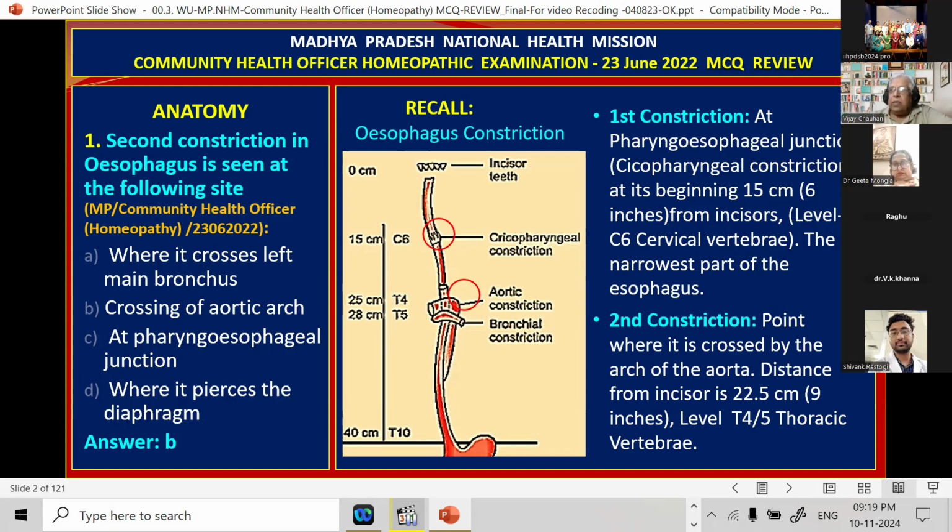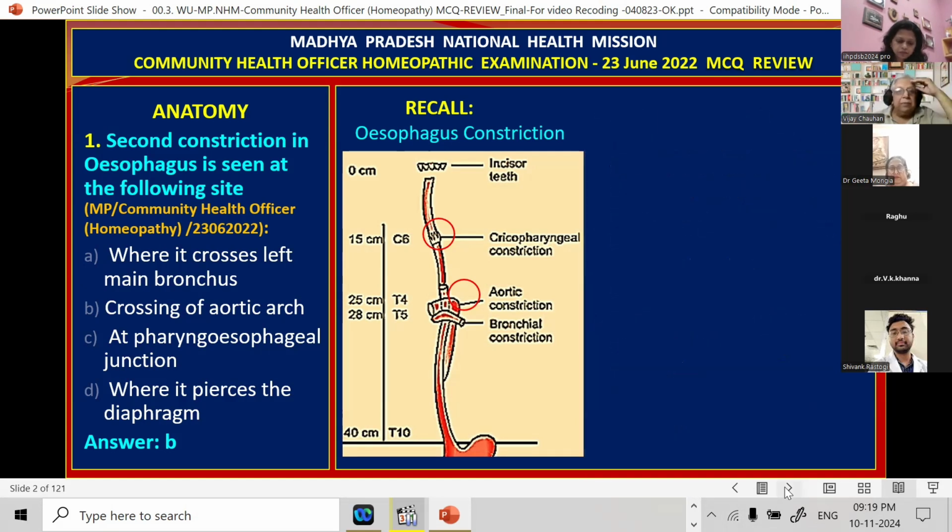The idea is to refresh your knowledge with every question, whether it is anatomy, organon or materia medica. We can go to the reference books and revise your knowledge bank. Is it all right? Let us go to the second question.